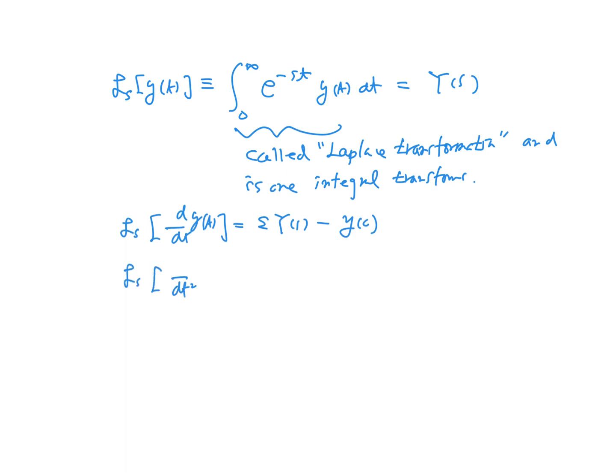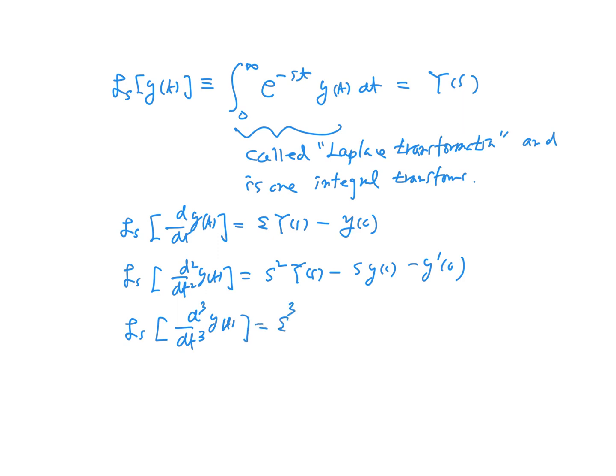The transform of d squared y over dt squared is s squared Y(s) minus s y(0) minus y prime 0, and we can make it by induction: s cubed Y(s) minus s squared y(0) minus s y prime 0 minus y double prime 0. So you can check as a homework.